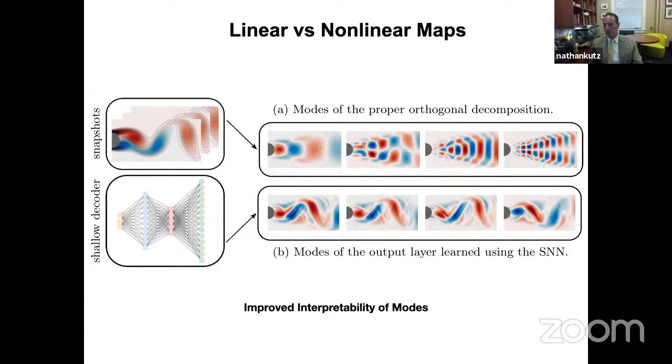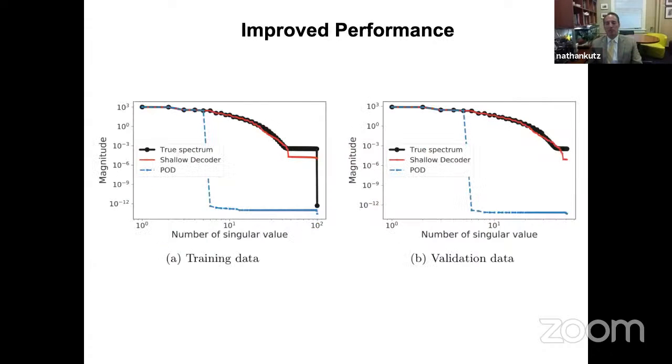And that's what we're going to use to reconstruct the physics. Because remember, this is about taking measurements and mapping them to the flow field. And in fact, you can show that you get a really significant improvement in performance in comparison to linear structures. The true spectrum is the black. This shallow decoder is the red.